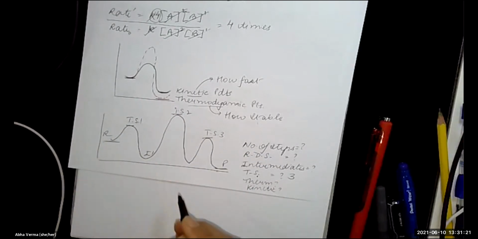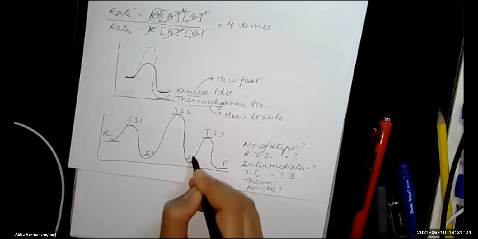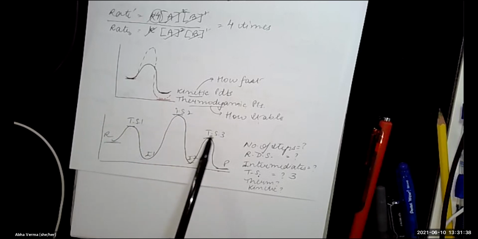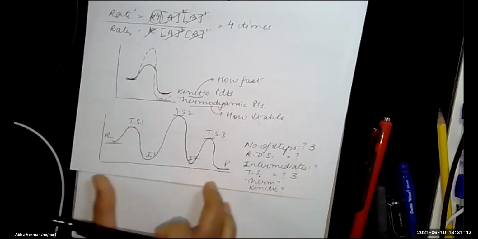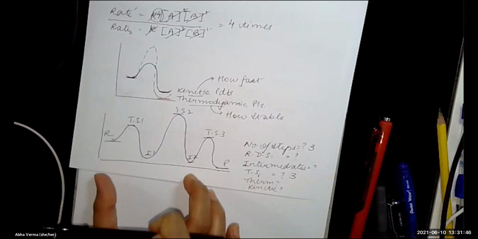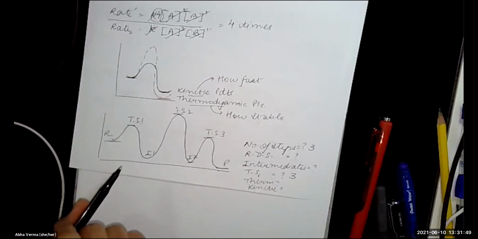We see intermediate 1 here and intermediate 2 right here. So very good. How many steps does this reaction have? 1, 2, 3. So looking at this diagram, this is an energy diagram of a 3-step chemical reaction.